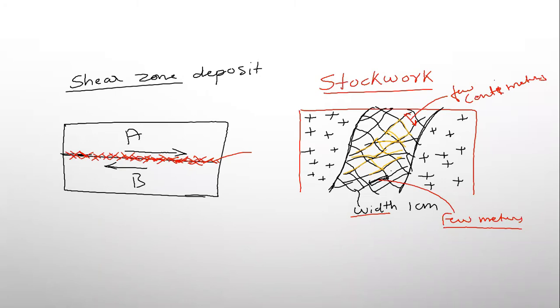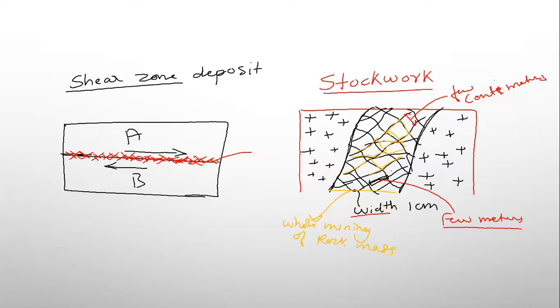Because of this, when they mine this type of ore deposit, they will mine the whole thing. Whole mining of rock mass. Why?